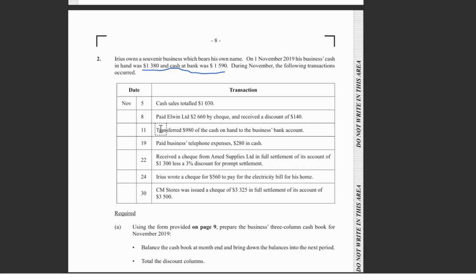Should it be on the debit side or should it be on the credit side? So we will record this transaction on the credit side because we're making a payment. Money is leaving the business, so it goes on the credit side. Anytime our asset is decreasing, we credit.